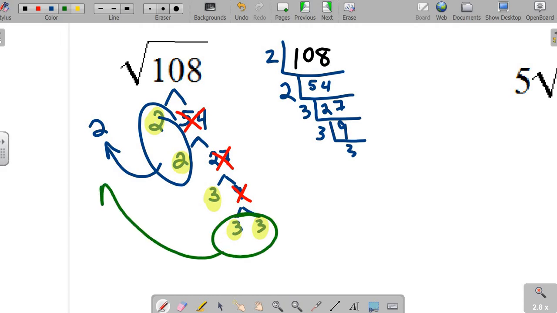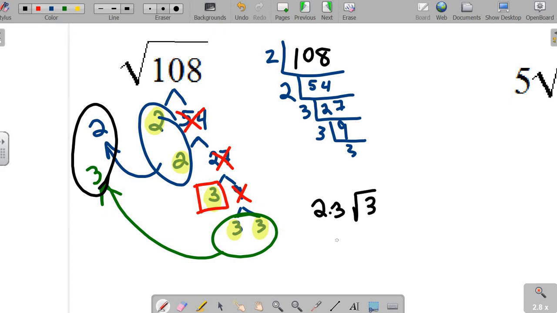Yeah, pair of 3s, a 3 out. And then this lonely folk here, no date for the night, stays home, orders DoorDash. And on the outside, we have a 2 and a 3. So 2 times 3, root 3. So your final simplified answer of the square root of 108 is going to be 6 root 3.